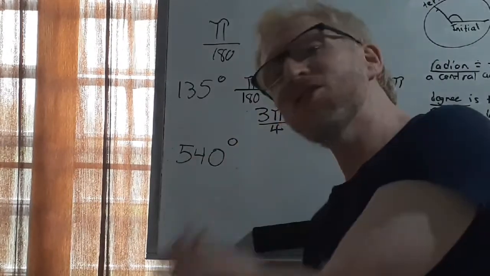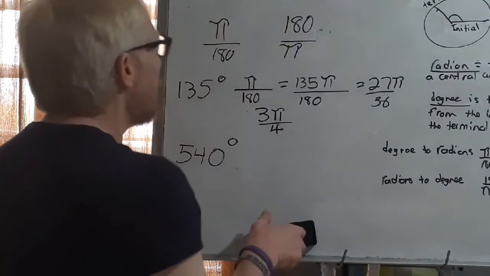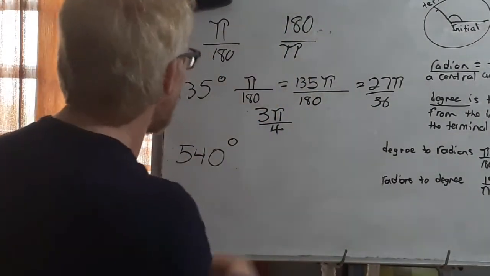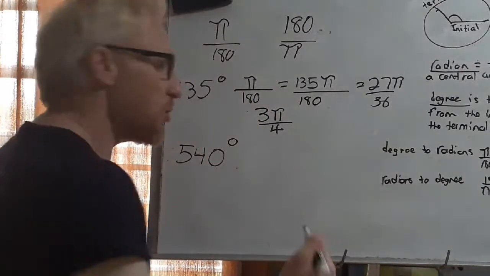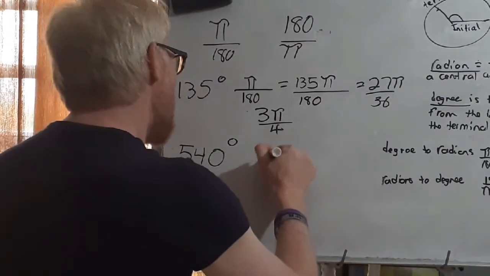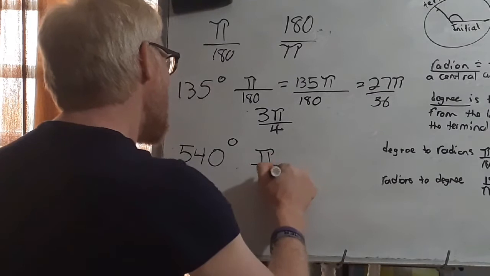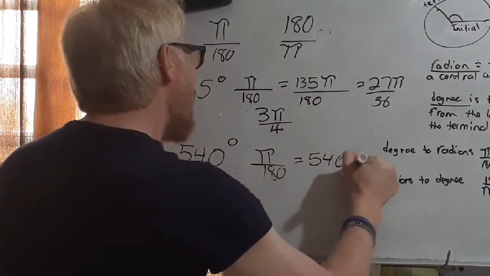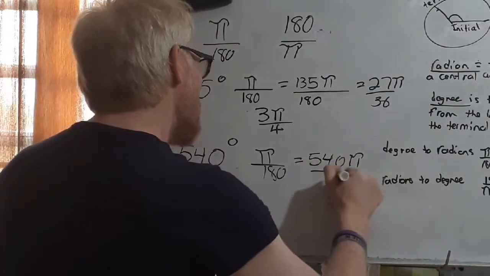Okay, in this next example, we're going to do the same thing but with 540 degrees. The formula continues to be that if I'm going from degrees to radians, I use pi over 180. So you have 540 multiplied by pi over 180, which gives 540 pi over 180.